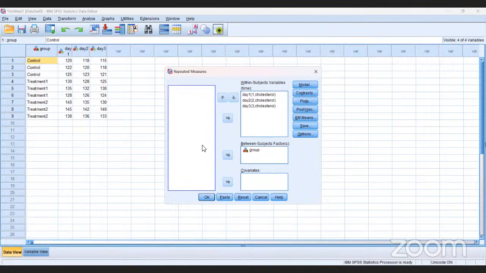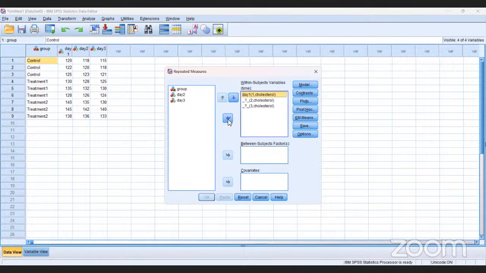And within subjects variables are your day 1, day 2, day 3. Okay. So for example, I am showing you. This is the day 1.